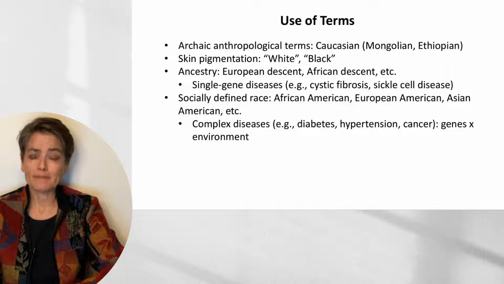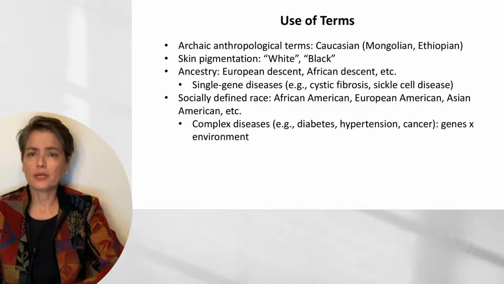Because if we're going with white and black, then we have to go with brown, yellow, and red. And we all know that that's not appropriate. So having this binary, I think, is challenging. Furthermore, as you are all well aware, there is significant variation in the range of skin pigmentation in any of these groups. So it is also just an inaccurate term.